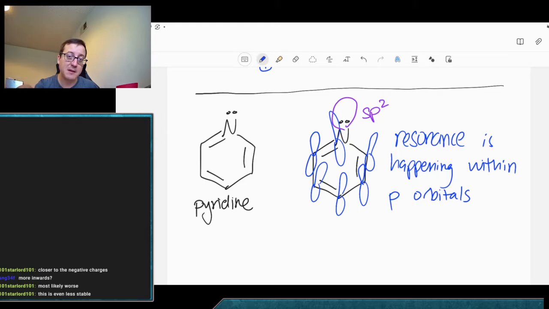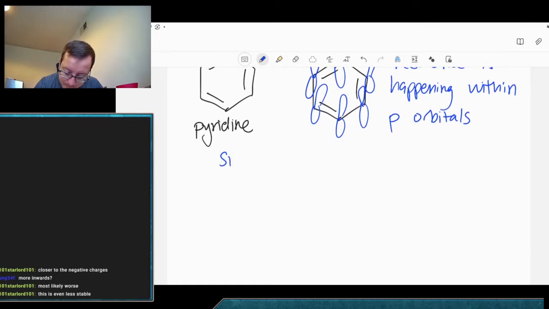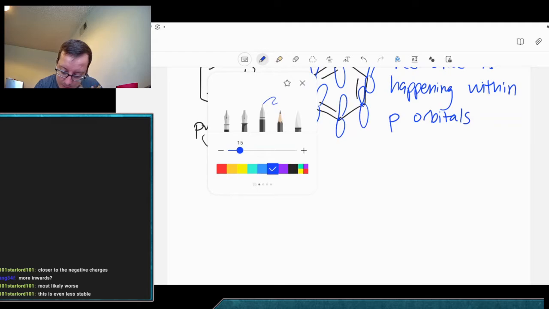So remember, sp2 is planar, so all of those are planar little bits there, and so that lone pair is actually sticking out, in the same plane as the rest of the molecule. So those electrons are effectively, let me do it in purple because that's what I did just a second ago.